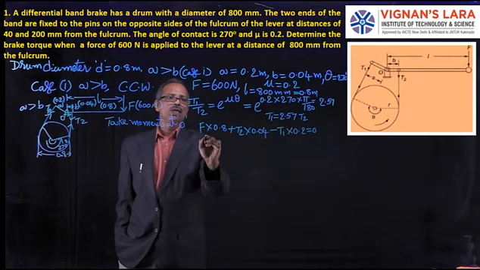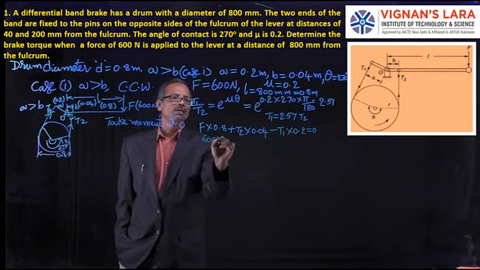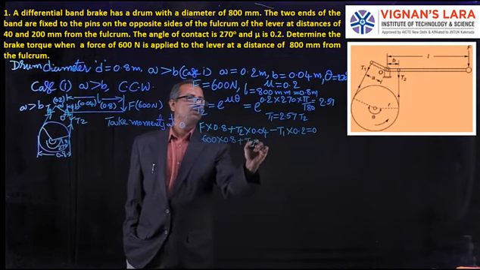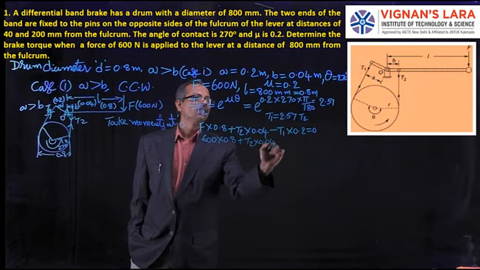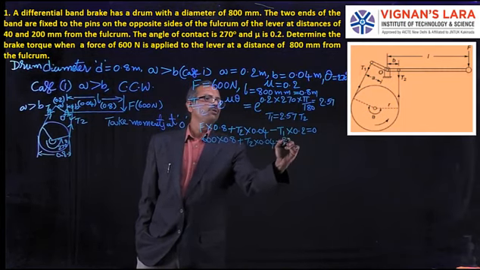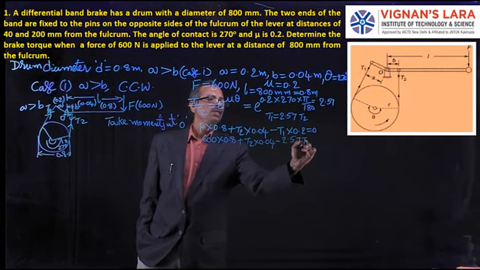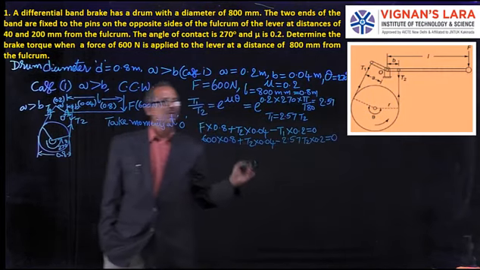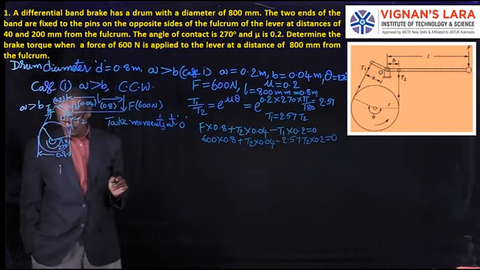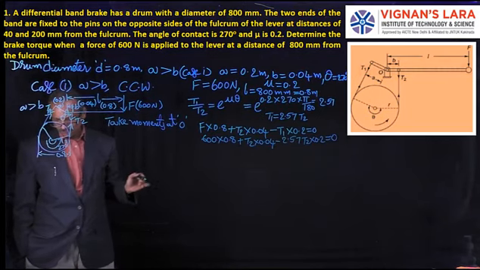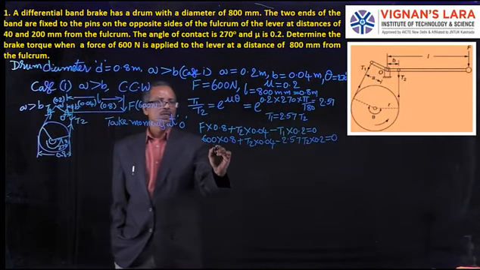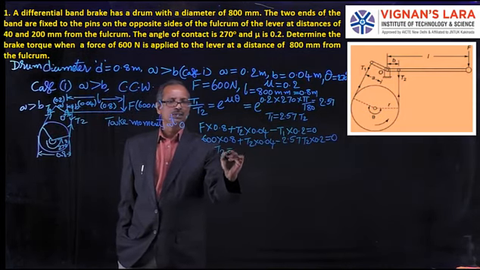F value I already know, 600 into 0.8 plus T2 into 0.04 minus T1, where I put 2.57 T2, into 0.2 is 0. So now my equation is completely in terms of T2 only.